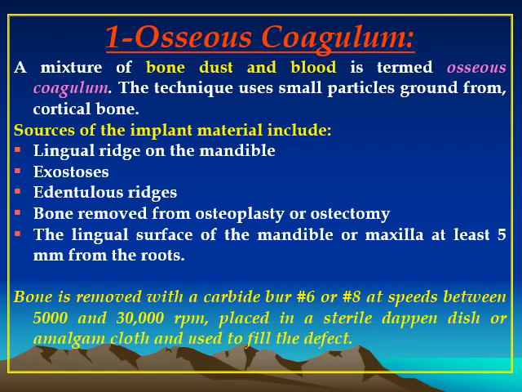The bone is removed with a carbide burr number 6 or number 8 at speeds between 5,000 and 30,000 rotations per minute, placed in a sterile Dappen dish or amalgam cloth and used to fill the defects as we saw in the previous case.